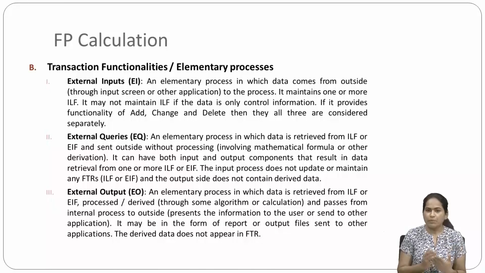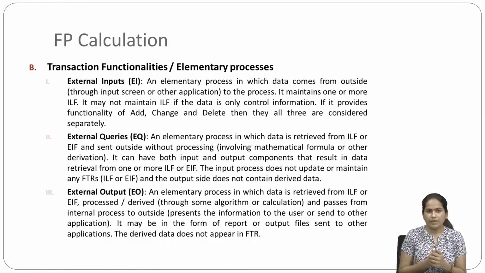Now when we are talking about this, 3 categories of elementary or transaction functionality we have. First one is external inputs, EI. It is an elementary process in which data comes from outside to the process.